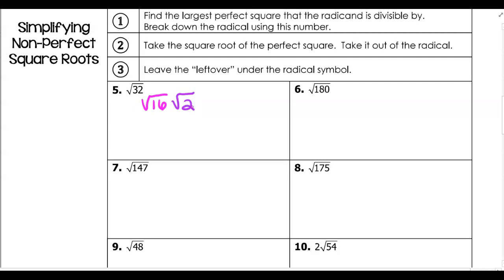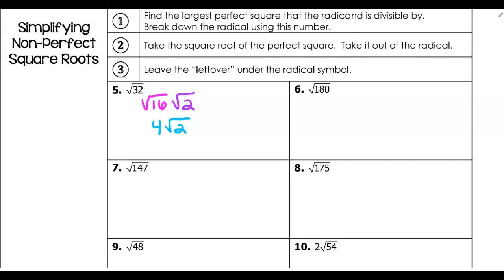So 32 can be factored into 16 times 2. So we want to be strategic. 16 is the perfect square factor, which can then be simplified to 4. The square root of 16 is 4. And we leave the radical 2 as that square root. Those would be our leftovers.